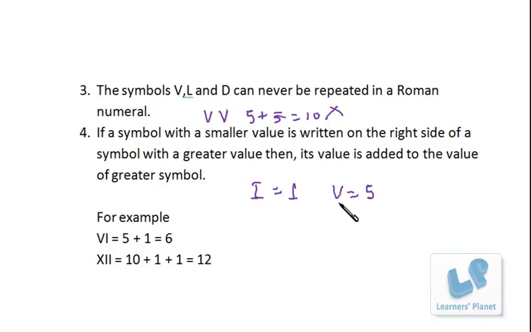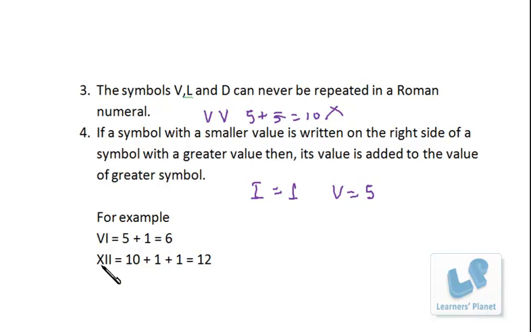V is the greater number. So if we write I to the right side of V, the values of both of them will be added. That's why we are adding the value of V and I, that is 5 plus 1, 6.